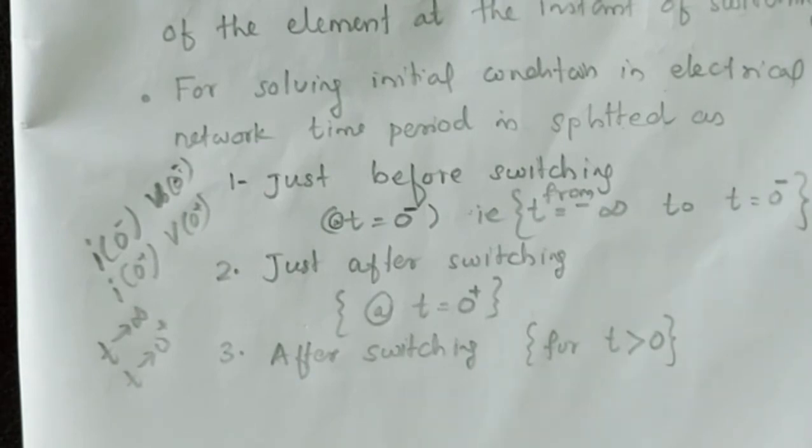The response of the network at t tends to 0 plus, immediately after switching, is known as the transient response. The response of the network as t tends to infinity is known as the steady state response.